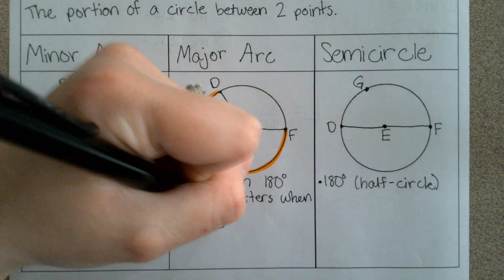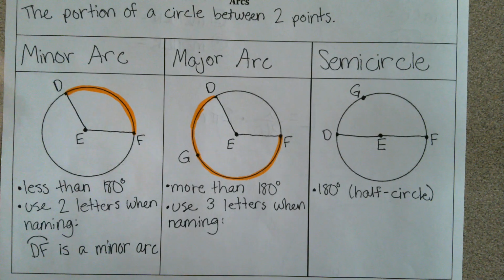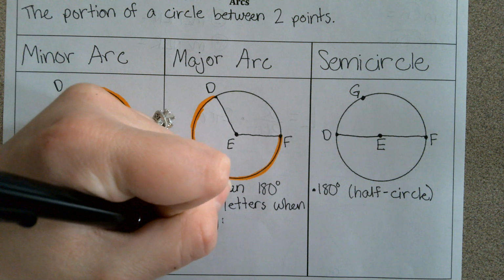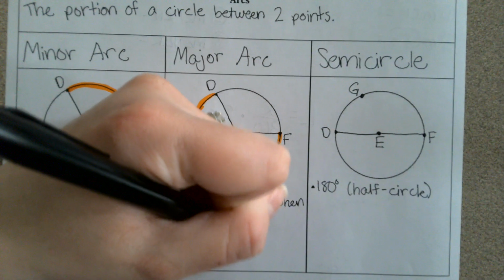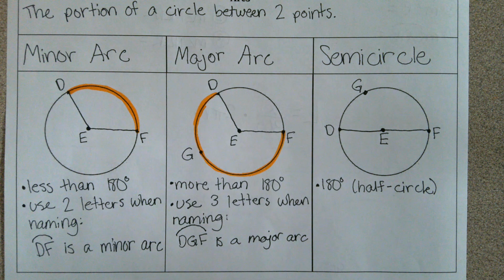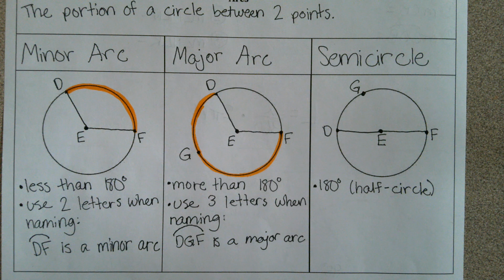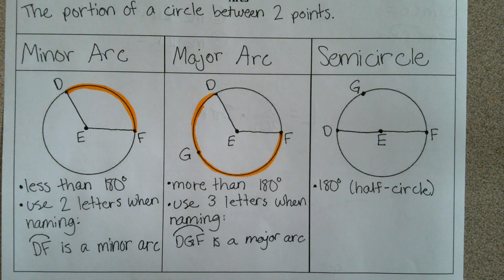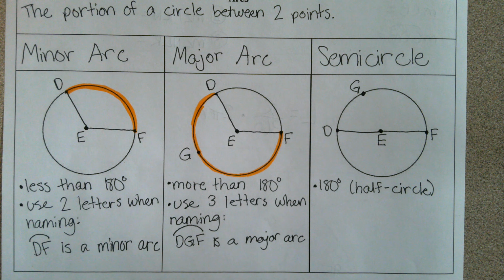So in this case, we have DGF, is a major arc. Again, you could have done FGD. That would have worked. The only one you couldn't have done is by putting G first or last. G has to be in the middle since it's in between our points, our endpoints of the arc.